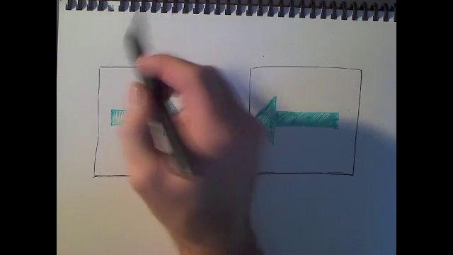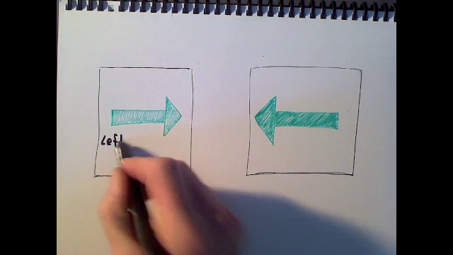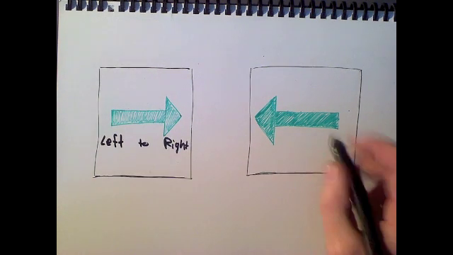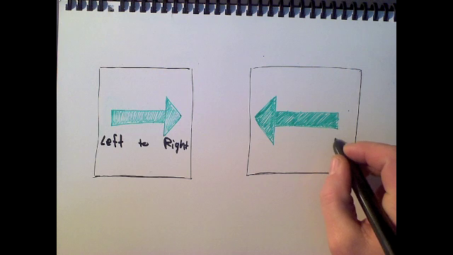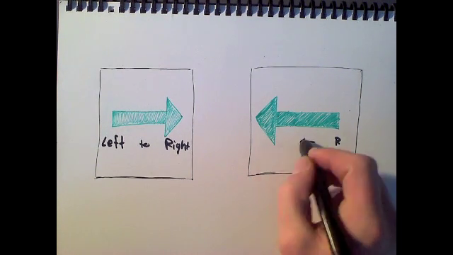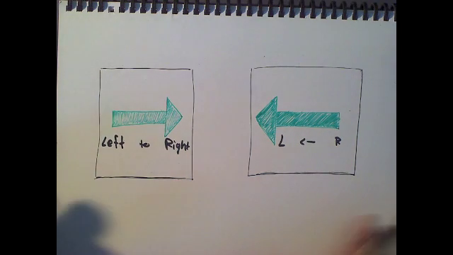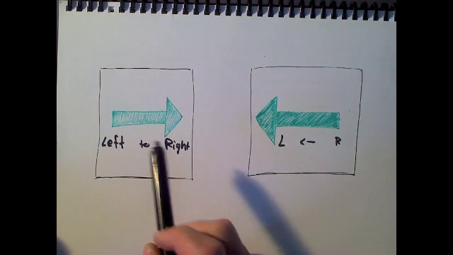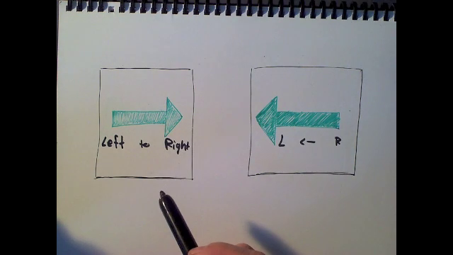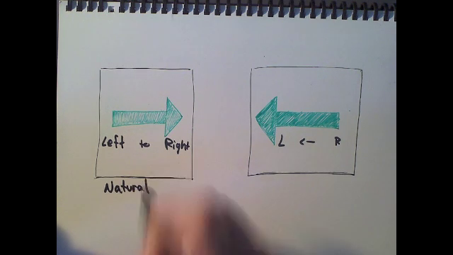Okay, movement here, we have movement from left to right, and movement from right, obviously, to left. So let's look at some of what these represent on screen. Movement from left to right, because it follows the direction in which we read, is a natural movement.